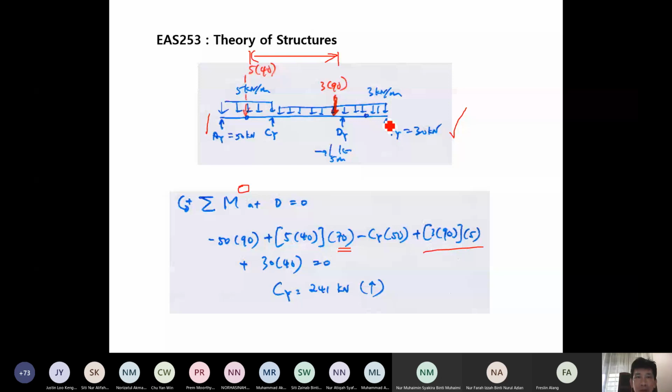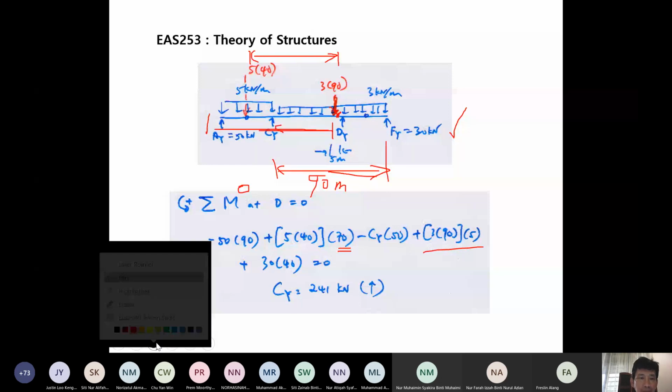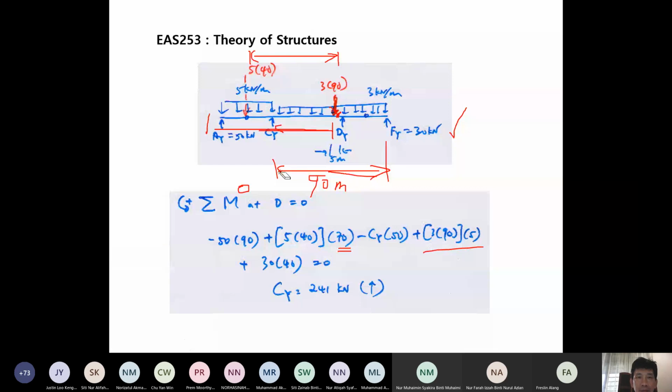And this is UDL, so this force here is acting at the center, which is 90 acting at the center, this is 45 meter.